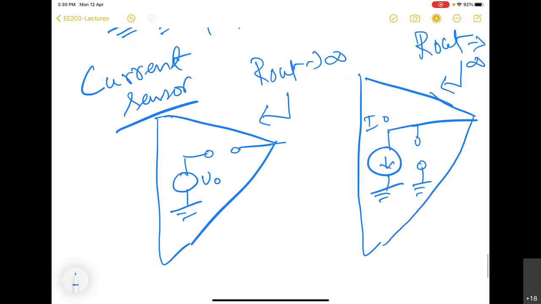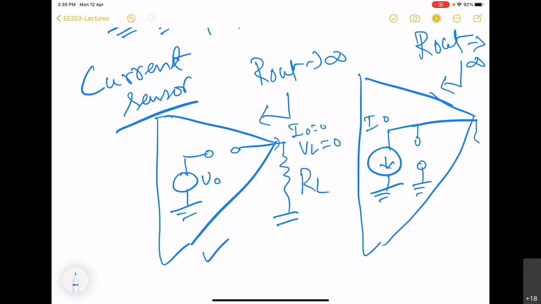But if we try to connect our amplifier to a load, in the first case, this RL will not perceive any voltage. This VL will always be 0 because there is no current here, I out is 0.